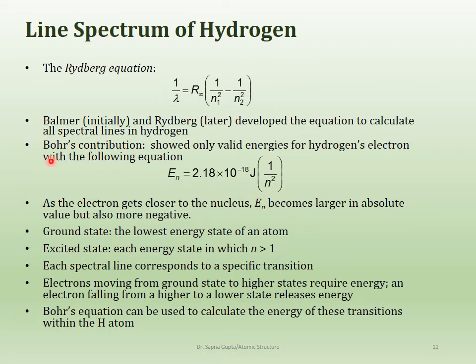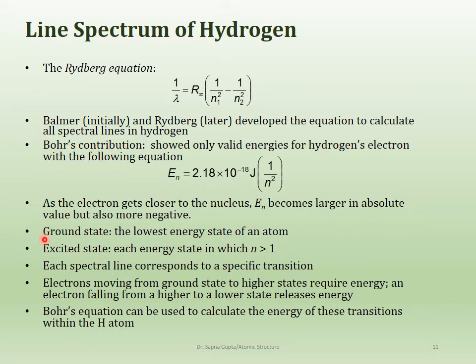With Bohr's equation, you can calculate how much energy is required to go from one location to another, because it seemed that electrons were jumping around to another location, and when they came down to the original location, a certain amount of energy was given off, which is what was giving the line spectrum, not a continuous spectrum. So there was some sort of a transition going on in an atom.